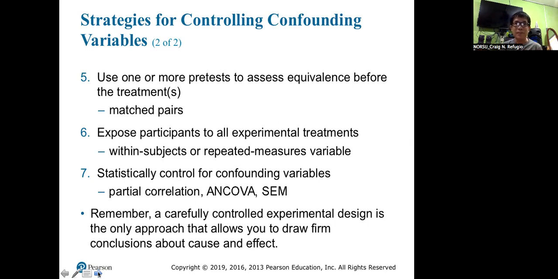But in this case, just for introduction, you will learn this when you undergo higher statistical courses. Remember, a carefully controlled experimental design is the only approach that allows you to draw firm conclusions about cause and effect. Okay.